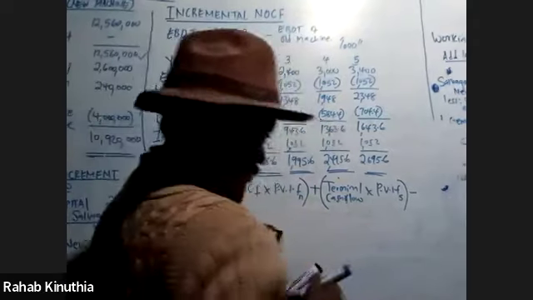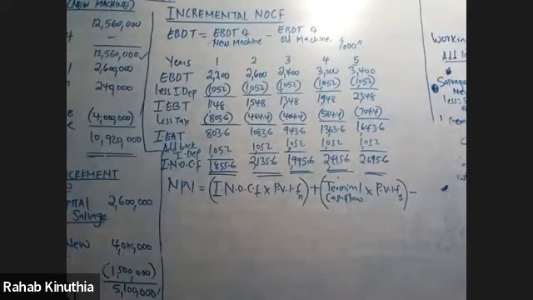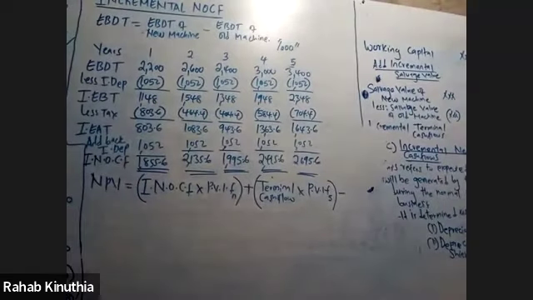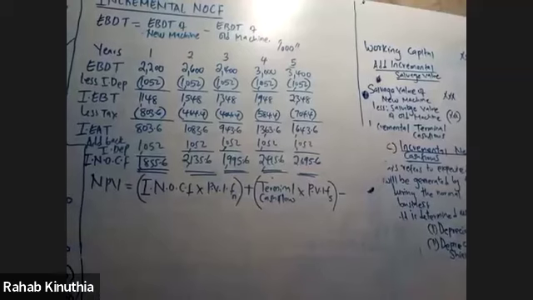Then we minus incremental total initial outlay. Let me shift the screen a little so that it will be visible.